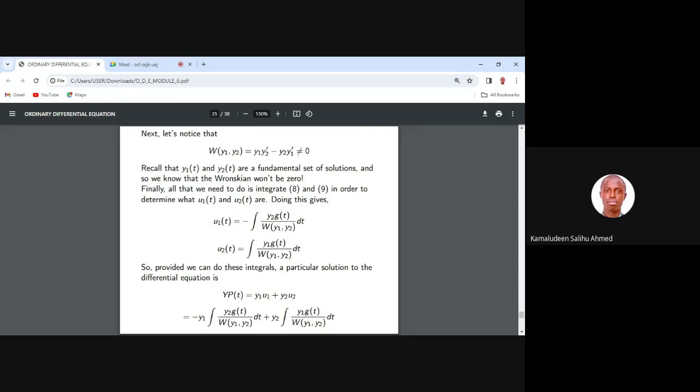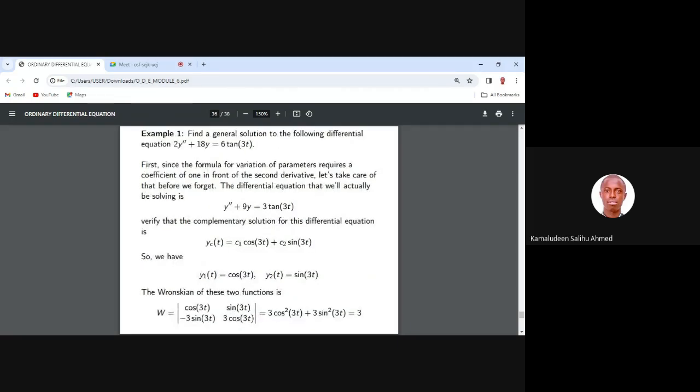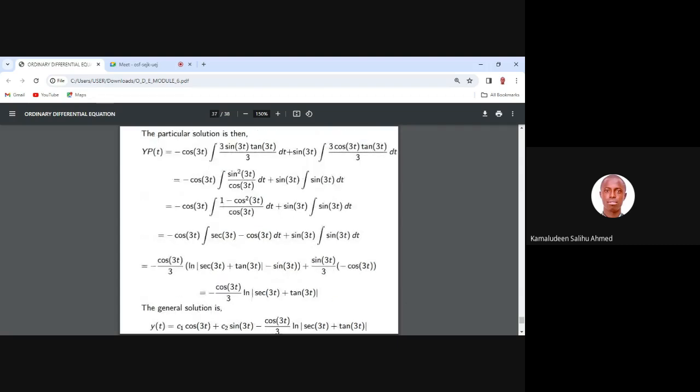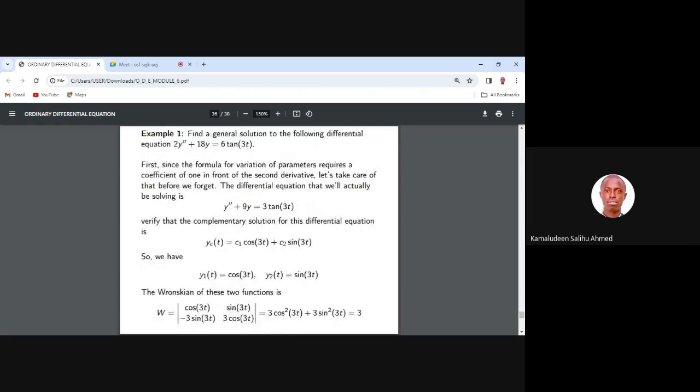So the moment you find your Wronskian is equal to zero, just conclude that this equation cannot be solved further. But because it equals 3, we can move on with the solution.